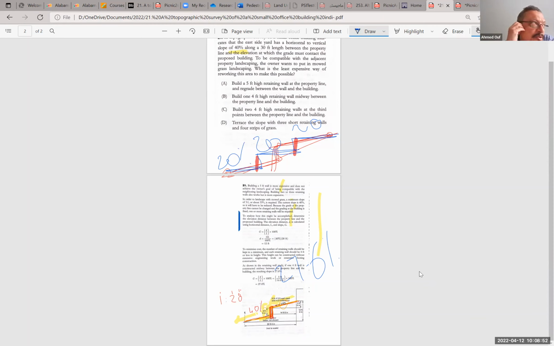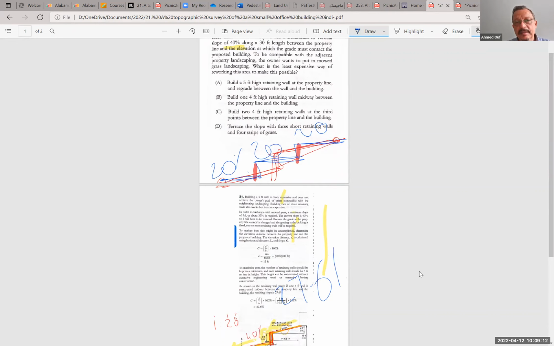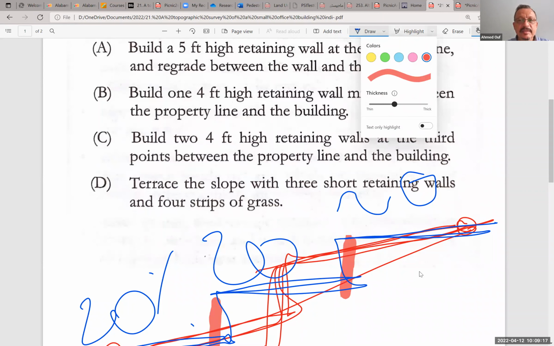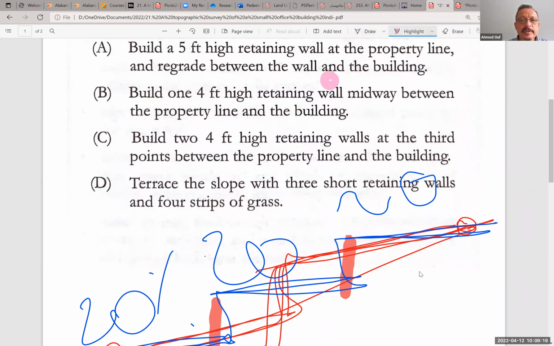Anyway, I don't want to give you math problems now. What I want you to understand is that when we are faced with a situation like the one we have just seen in the problem, we are having 2 points, here and here, and there's a slope that is more than 33%.